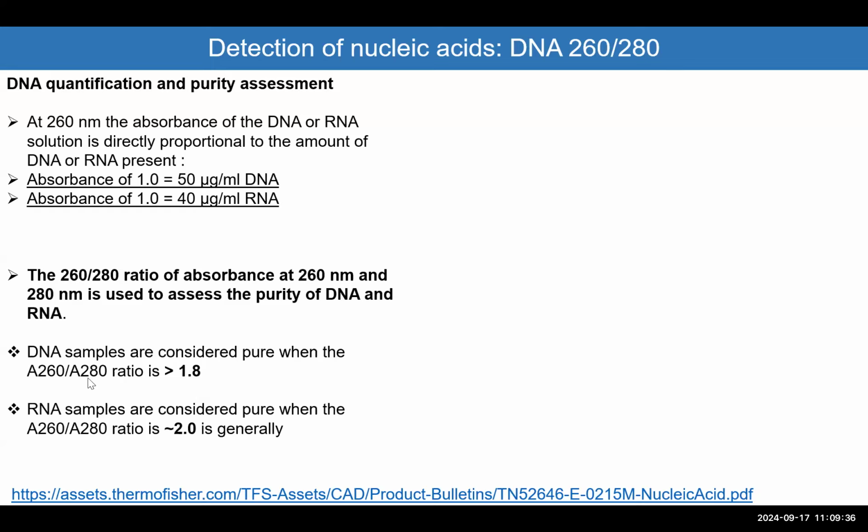So the 260 to 280 value, when the nanodrop gives you the values, it's going to give you the ratio right away. If the ratio is much lower than 1.8, you have to be careful, because it means the 280 value is high, so there are a lot of impurities and therefore the ratio will be much lower.